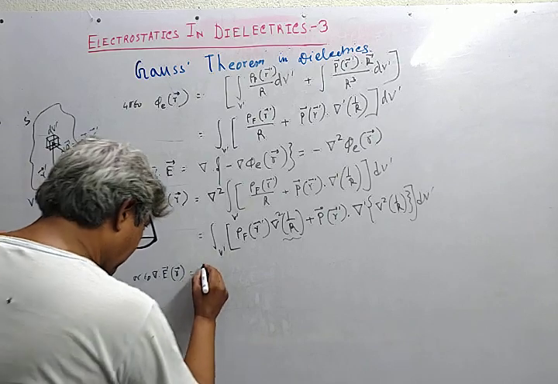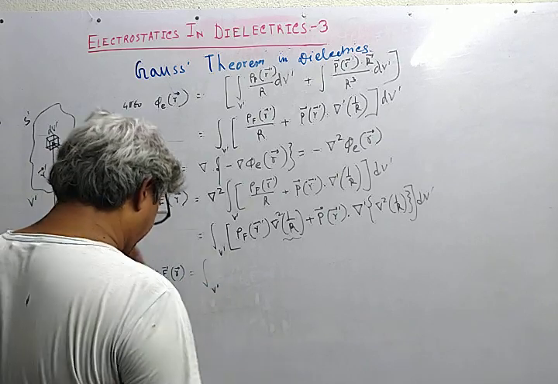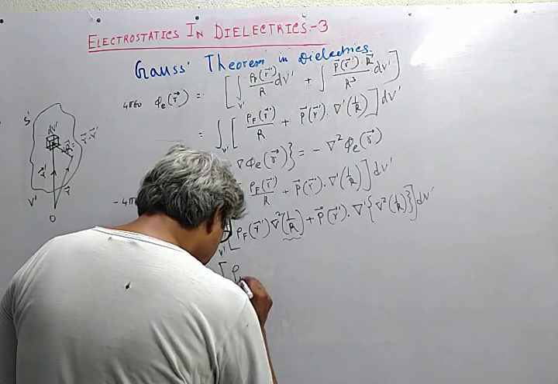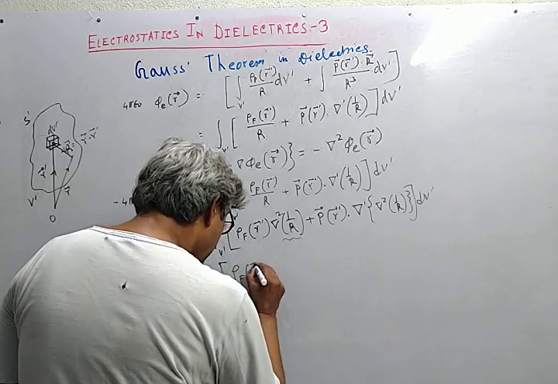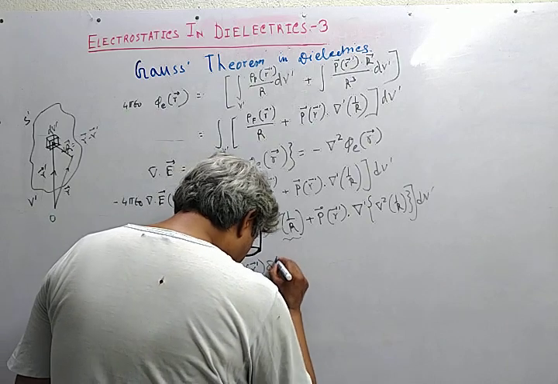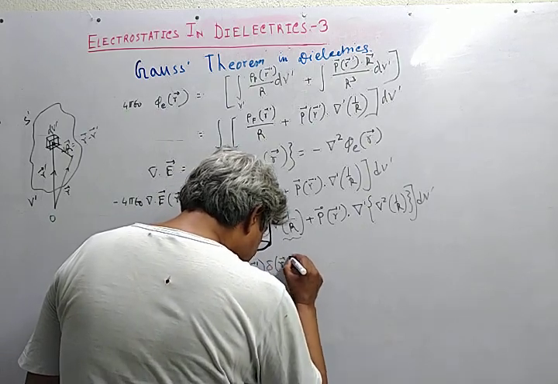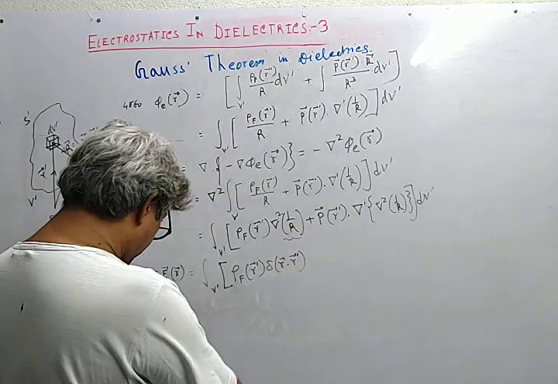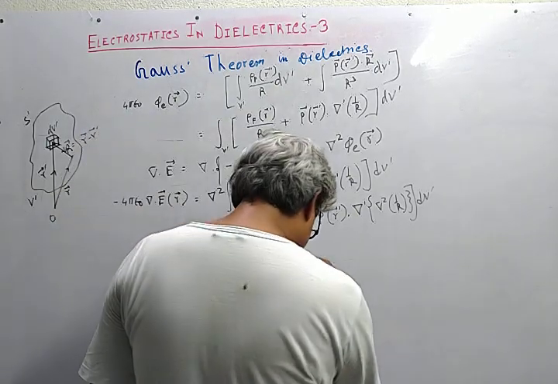This is equal to integration over V prime, other factors have already been adjusted. This is for this, and for minus 4 pi factor has been adjusted.